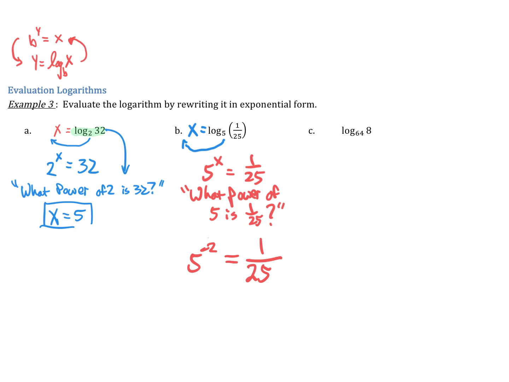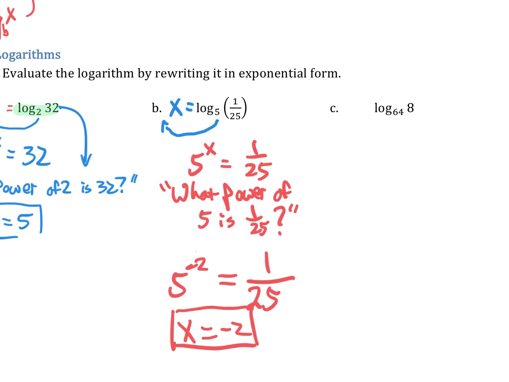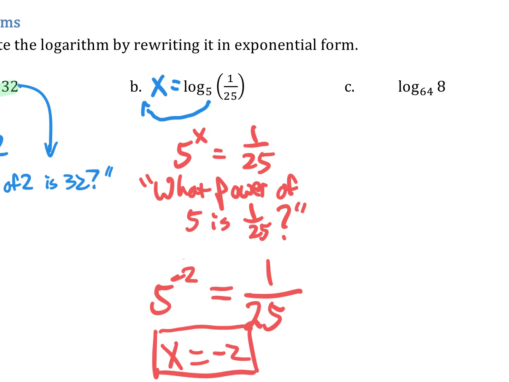So the answer is x is -2. And again, the key here is to look at this and realize the question. The question is, what is the power of 5 that gives us 1/25?